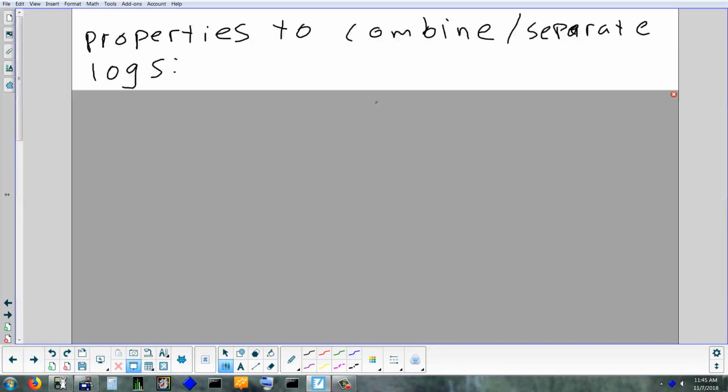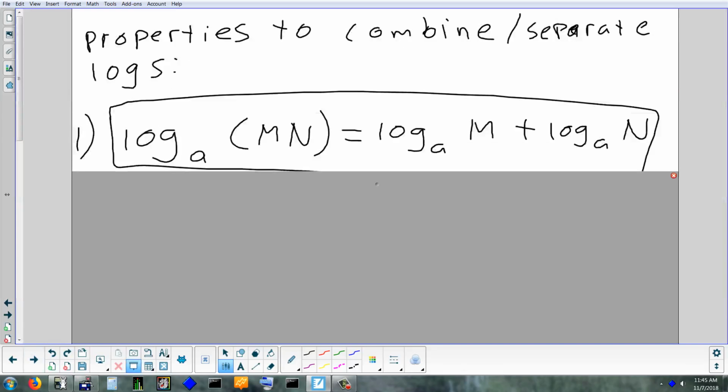All right, so last thing we're going to look at is kind of the third thing. First thing was just the basics about logs, then we looked at special properties. Now we're going to look at how we can take logs and either combine them together or separate them apart. We'll do a few combining and a few separating, and that's it. This is a rule that you can use with logs. If you have the log of a product, it could be 2 things, 3 things, 4 things.